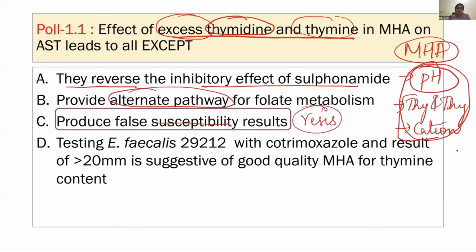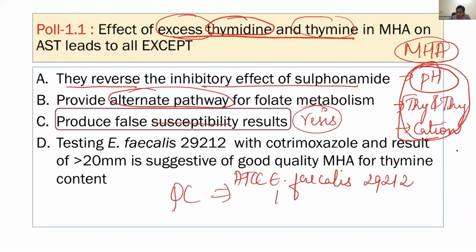And how do we make sure that thymine, thymidine concentration is adequate in our Muller-Hinton agar? You put a quality control every time you prepare a Muller-Hinton agar. Inoculate E. faecalis ATCC strain 29212, and put up a cotrimoxazole disc. If your cotrimoxazole zone is more than 20 mm, then it tells that your thymine, thymidine concentration in the Muller-Hinton agar is adequate.